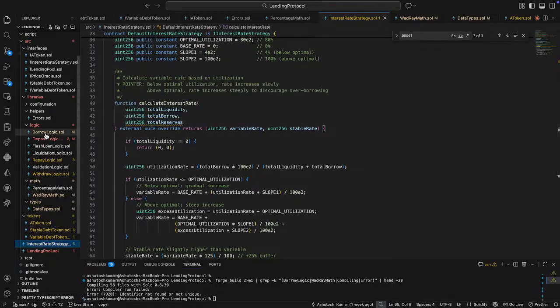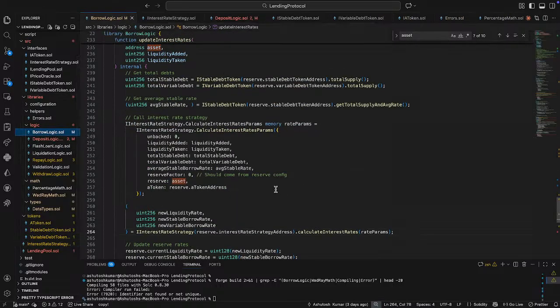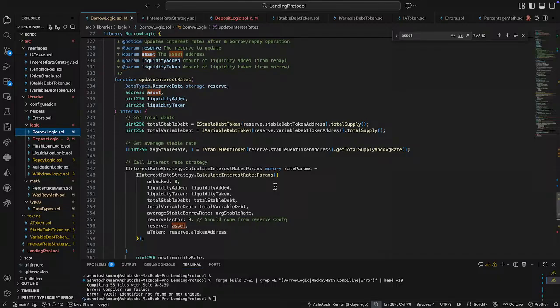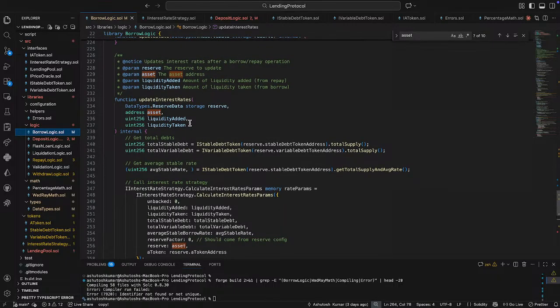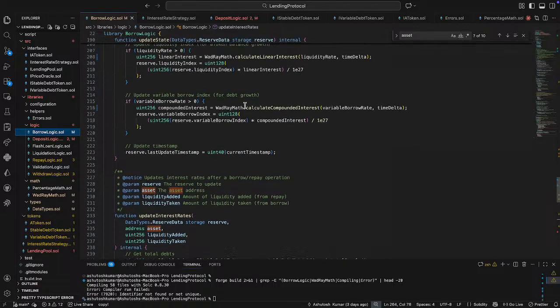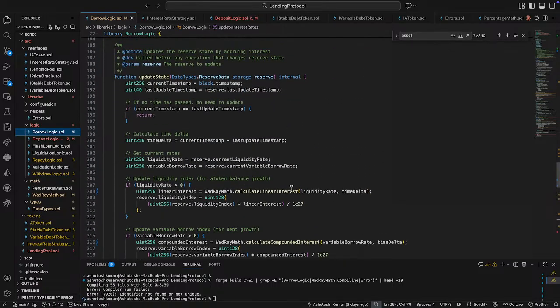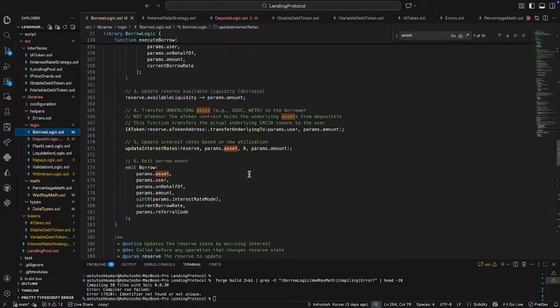Yes. Mm-hmm. Asset is pretty useless here. You can use that to verify the asset, but we are getting the asset here. Okay, yeah, params dot asset.